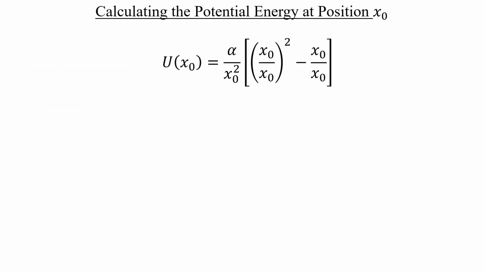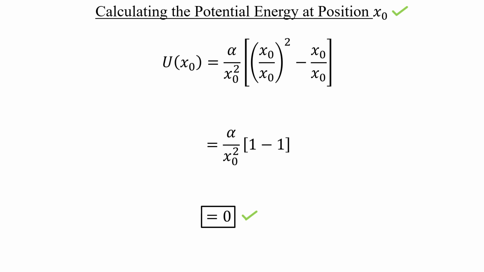Here's our potential function again, with x naught substituted in for x. Inside the square brackets, both of our terms will end up reducing to 1, and 1 minus 1 is just 0. So the potential energy at the release point of x naught is 0.